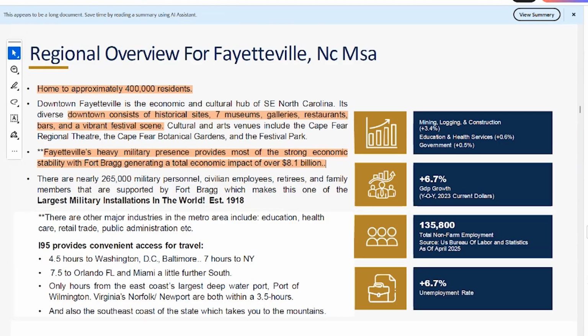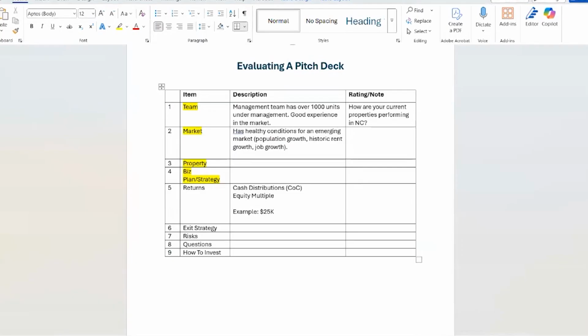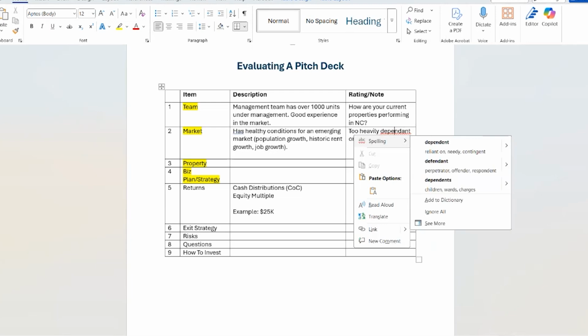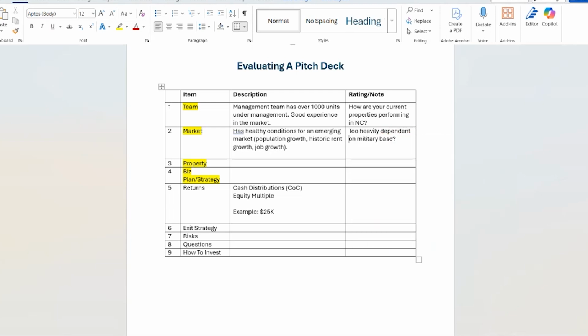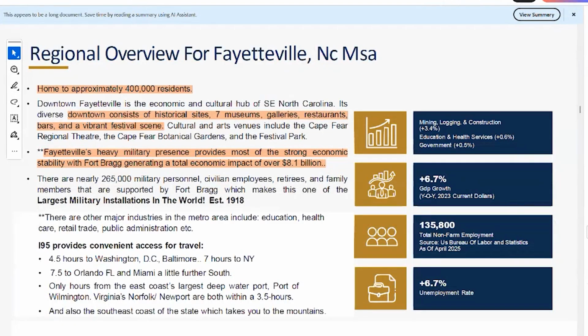So we could have some questions. Because what if something happens to the military base? What's the likelihood of that? So these are questions that we could ask our management team during the live presentation. So I'm going to put 2 heavily dependent on military base. Question, not a statement. And depending on how they answer that will let us know how we move forward.